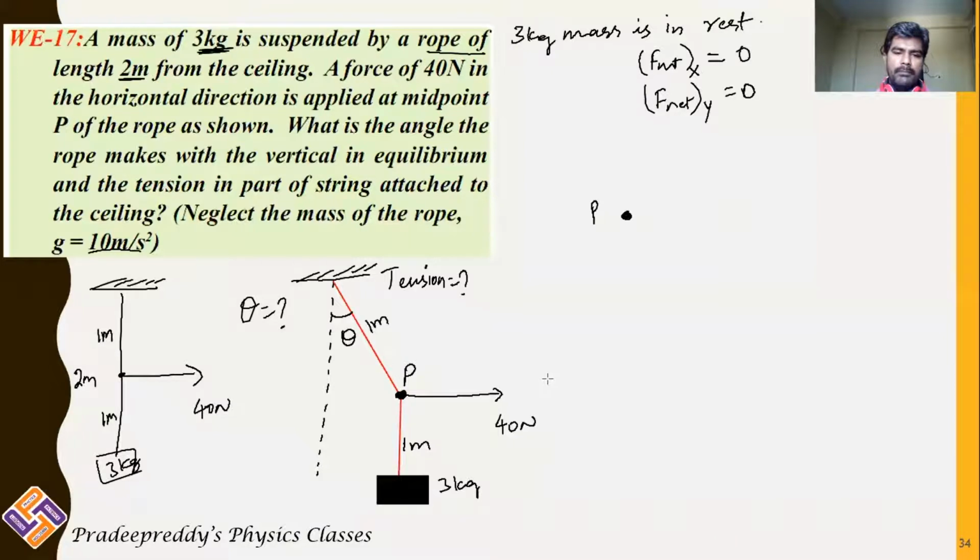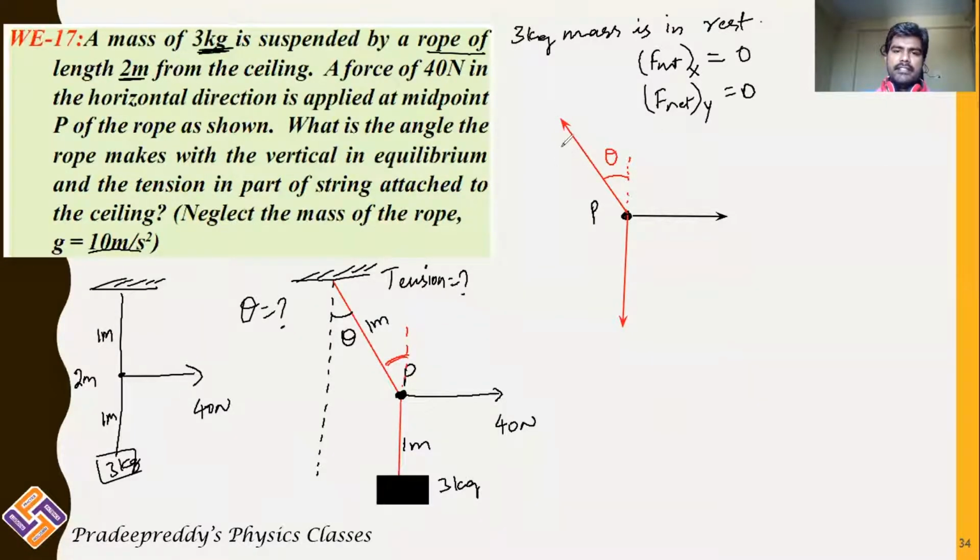There is another force acting over here, which is tension. And there is another force acting in the downward direction because of the mass attached over here. This angle would be theta, vertically opposite. Check it up: if this angle is theta, then obviously this angle will also be equal to theta.